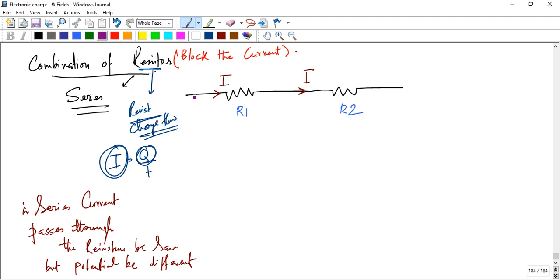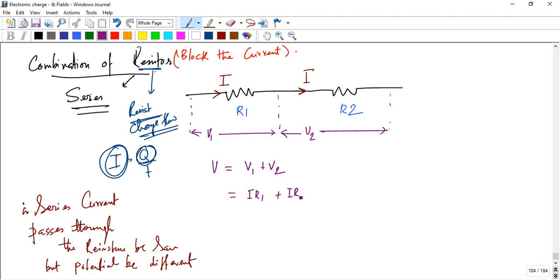Here the potential is V1, and here the potential is V2. So the total potential V equals V1 plus V2, and from Ohm's law V1 is I R1 and V2 is I R2.